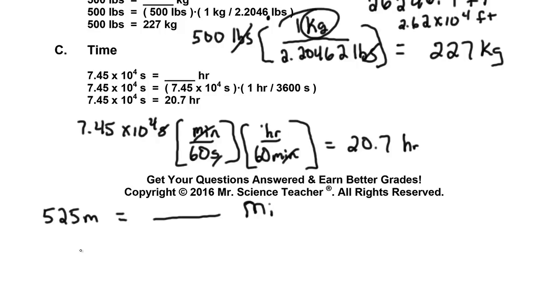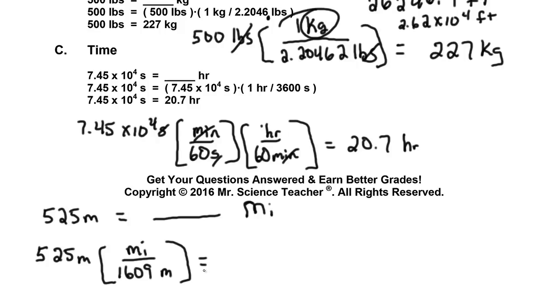And so we start with what we know, 525 meters. Now I could use the quick conversion of there are roughly 1609 meters in 1 mile. We'll just use an approximation here. And so 1609 meters in a mile. That's a pretty good approximation.